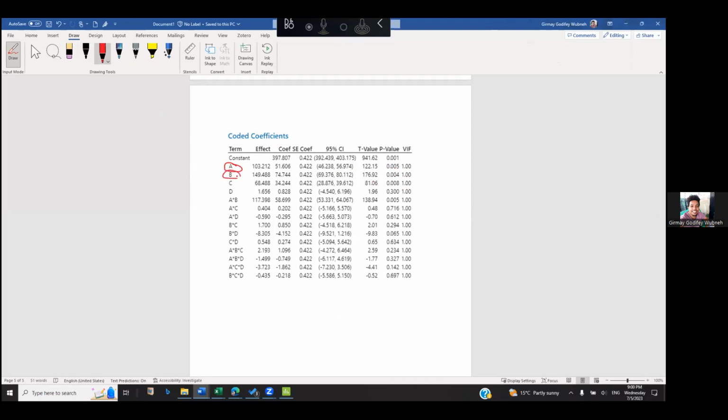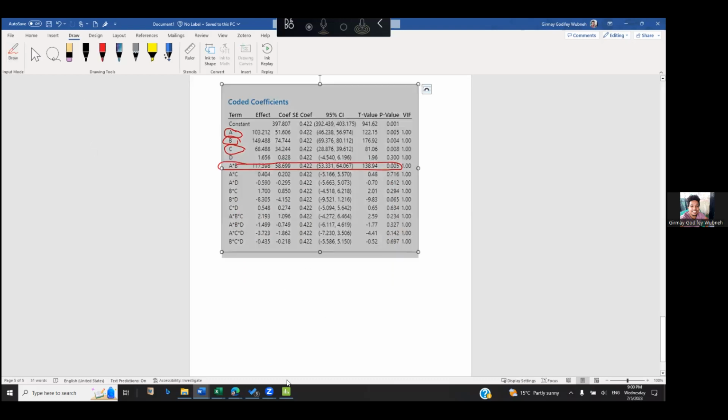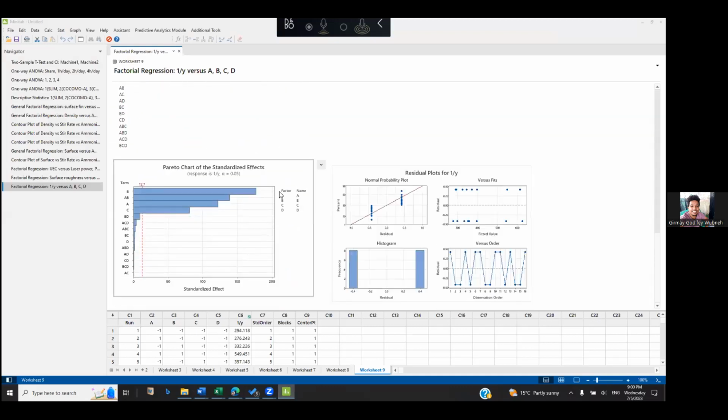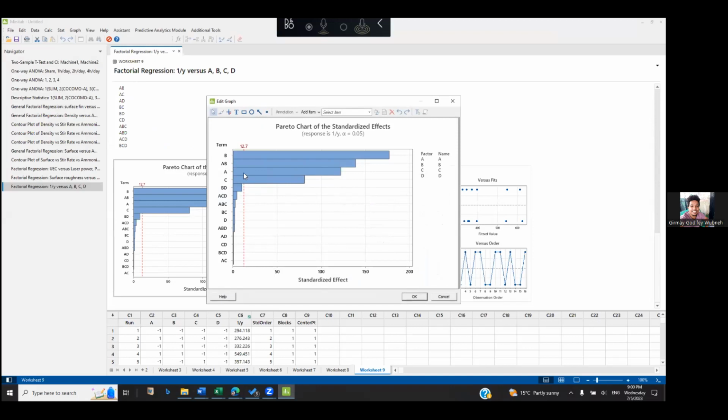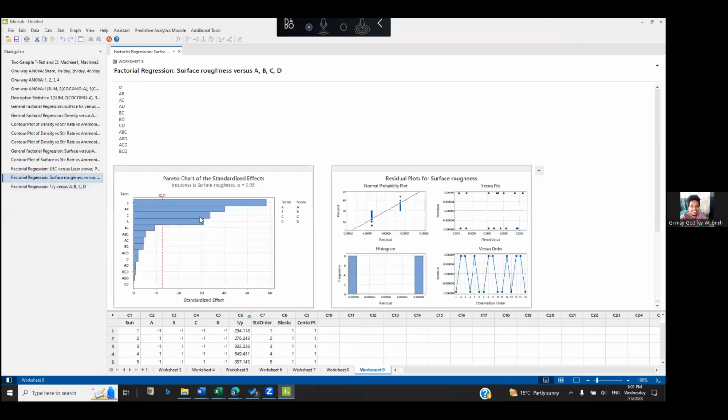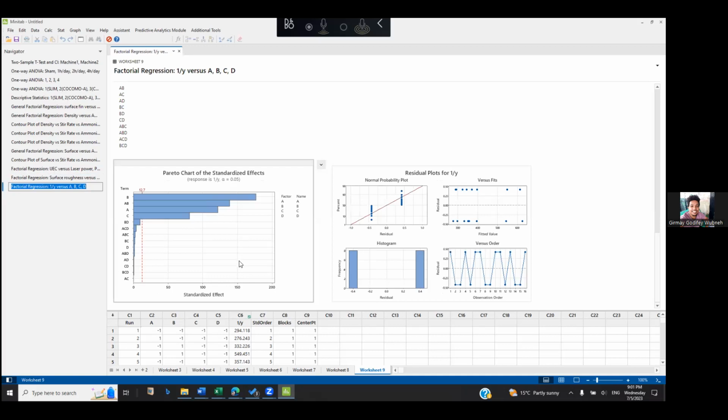C, D significant effect, and the interaction effect AB is significant, less than 0.05. Pareto chart: significant effects are B, AB, A and C. Similarly, the transformation made no real difference.